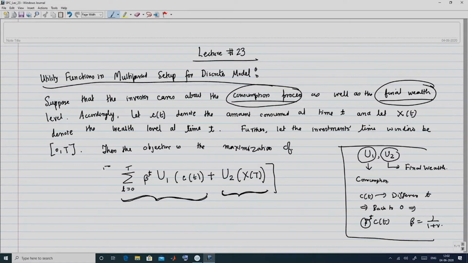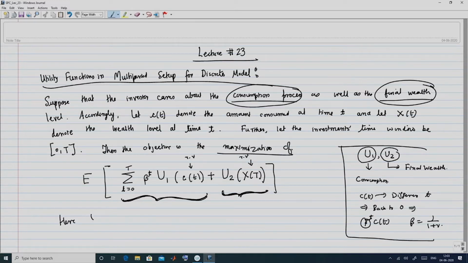Now, remember that these are random variables. So, x of t is going to be a random variable, and so is c of t. So, accordingly, the maximization will involve the maximization of the expected value of these functions consisting of the utility of consumption and the utility of the final wealth level.